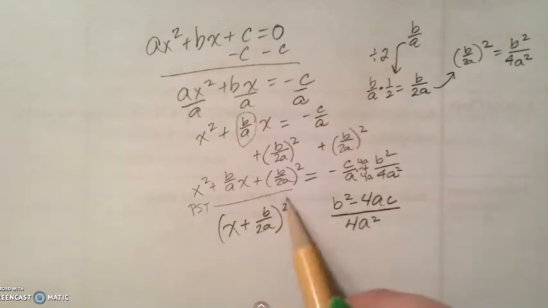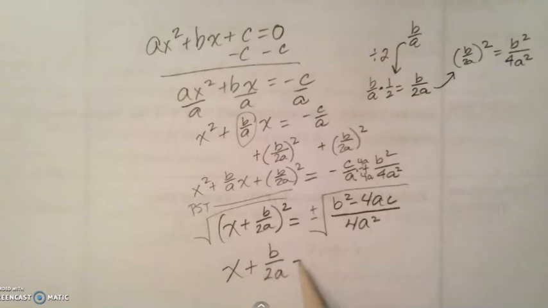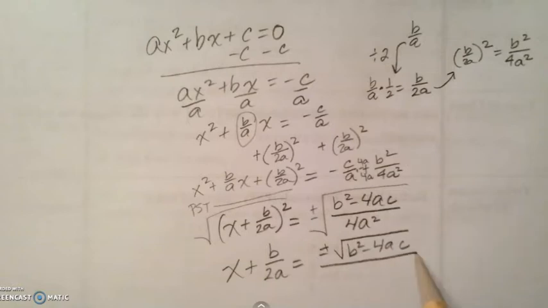Applying the square root property, I take the square root of both sides, plus or minus. X plus b over 2a equals, now I know the square root of 4a squared, so we'll leave this plus or minus the square root of b squared minus 4ac divided by 2a.